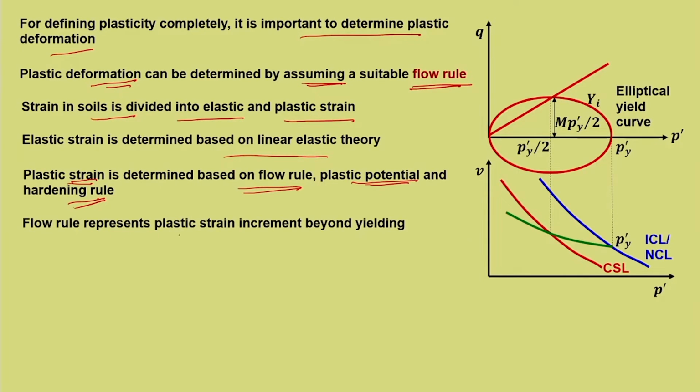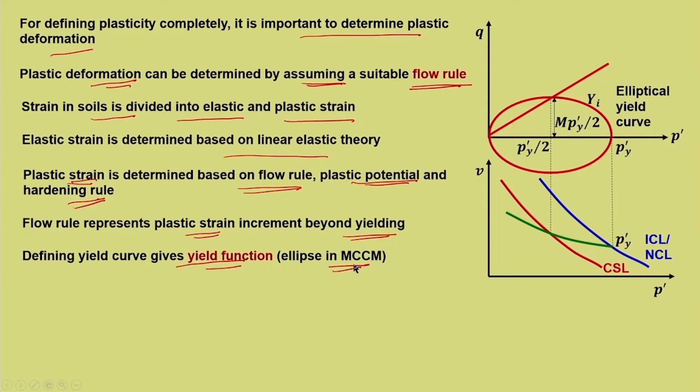Flow rule represents the plastic strain increment beyond yielding. So, once it yields, how the plastic strain increment happens is defined by flow rule. Defining the yield curve gives the yield function, and that is an ellipse in MCCM, and such a yield function is a logarithmic spiral in the Camp-Clay model.